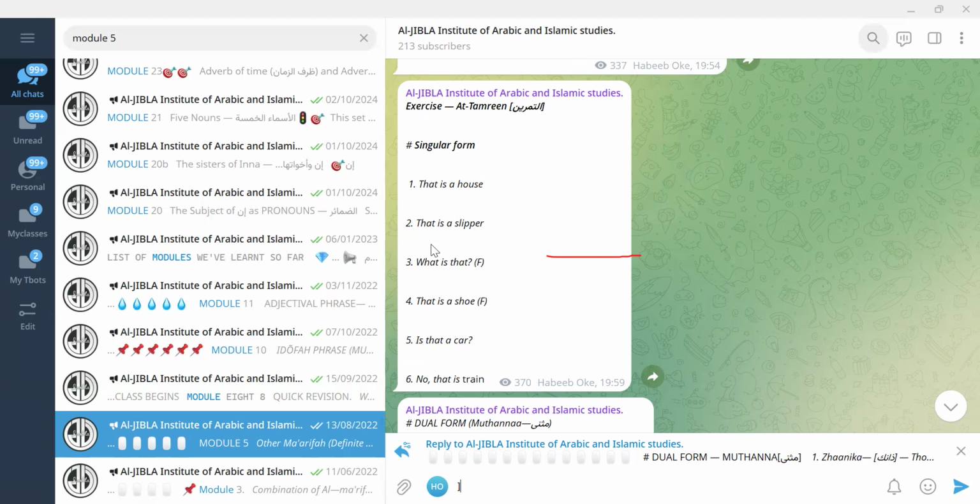Now we have the singular form. We have that is a house, that is a slipper. What is this? And what is that? All of this, let's ensure to study it, and let's ensure to do it.